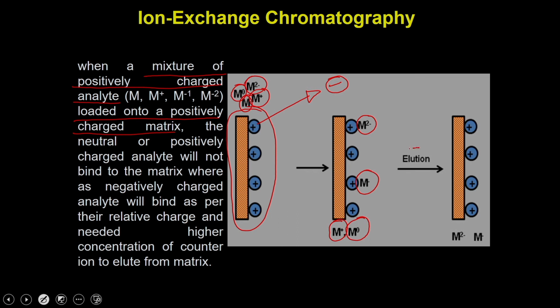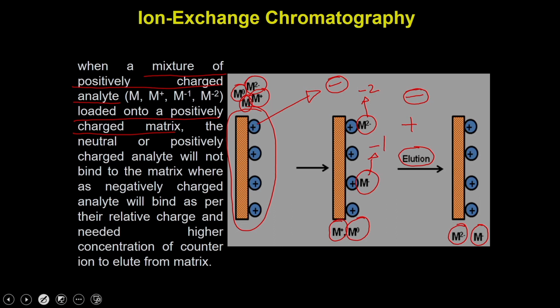Now, ultimately what you can do is, you can flow the negatively charged ions, and that is going to displace the M minus or M2 minus, and ultimately you are going to see the separation of the 4 different types of proteins. The 2 proteins are not going to bind to the matrix, whereas the other 2 proteins which are binding to the matrix have differential affinity, because this particular protein has the minus 2 charge, whereas this particular protein has the minus 1 charge.